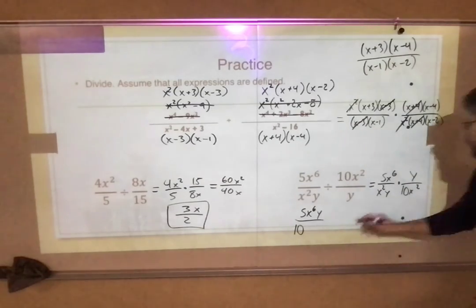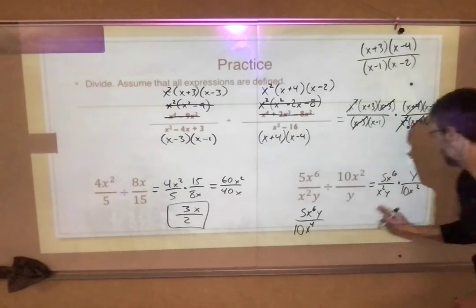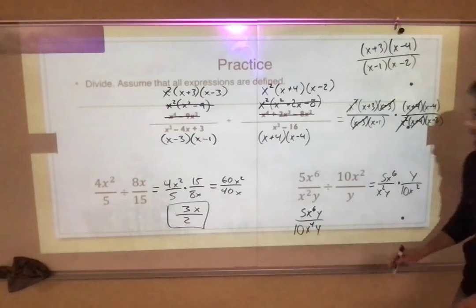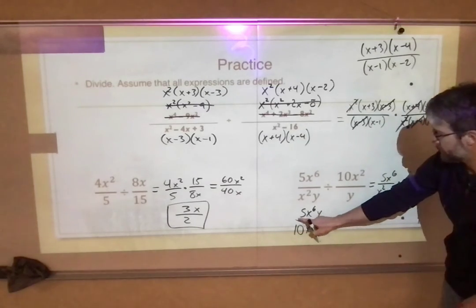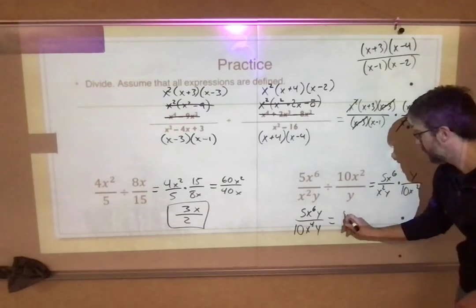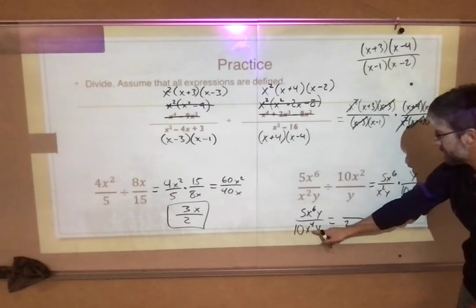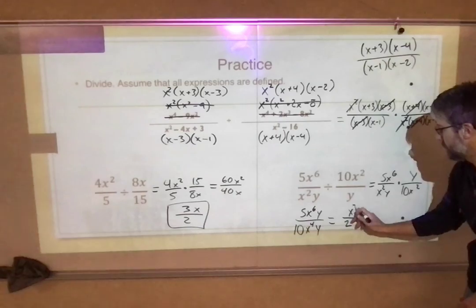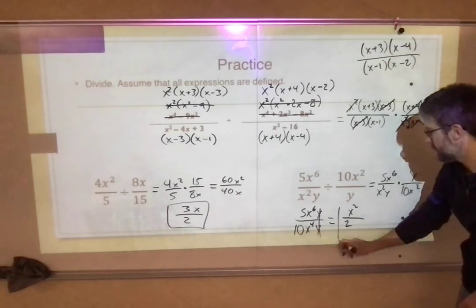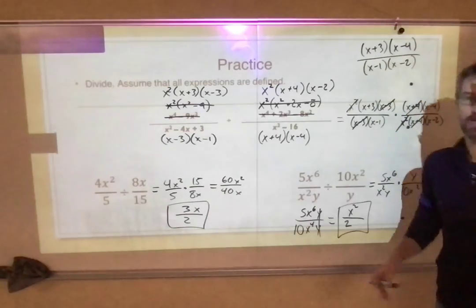I've got x squared, and x squared makes x to the 4th, and a y. Now if I approach everything individually, 5 over 10, they're both divisible by 5. That reduces to 1 over 2. X to the 6th over x to the 4th is x squared on top, and then the y's totally cancel out. So our final answer, x squared over 2.